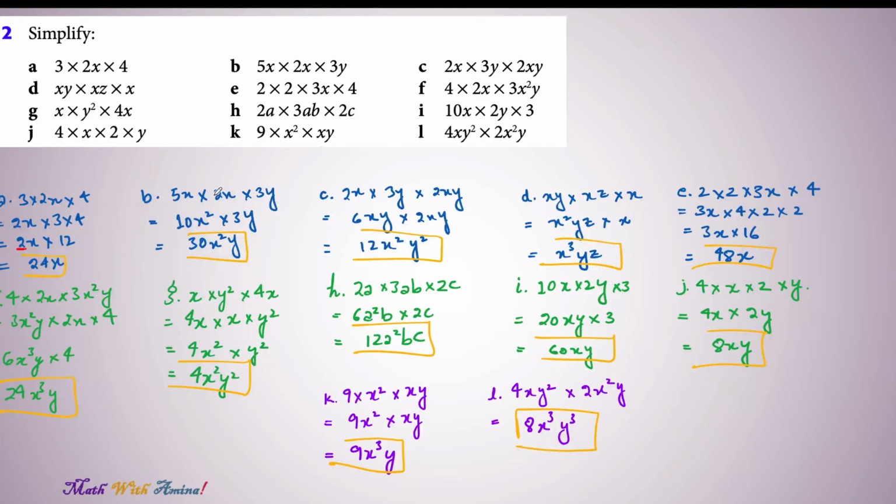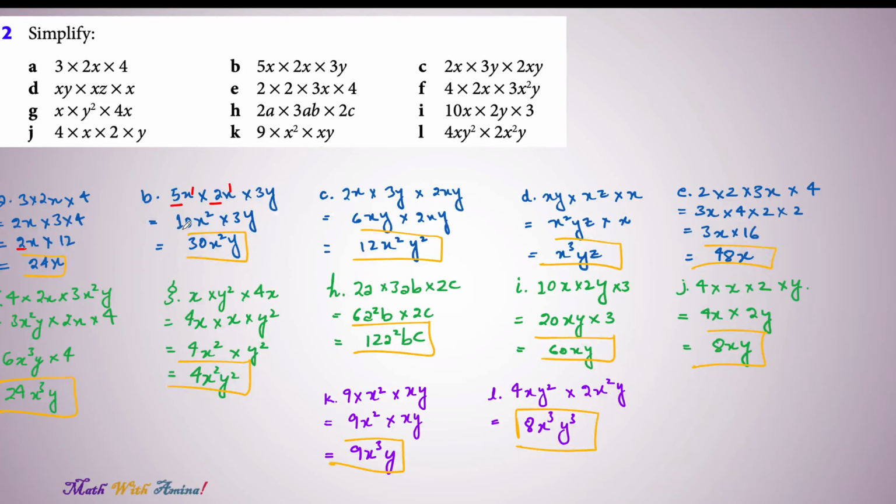Next we have 5x multiplied by 2x multiplied by 3y. It is already grouped together, the like terms already combined. So we multiply the coefficients. 5 multiplied by 2 is equal to 10, x multiplied by x. The power of x here is 1, and here it's also 1, so 1 plus 1 is equal to 2.